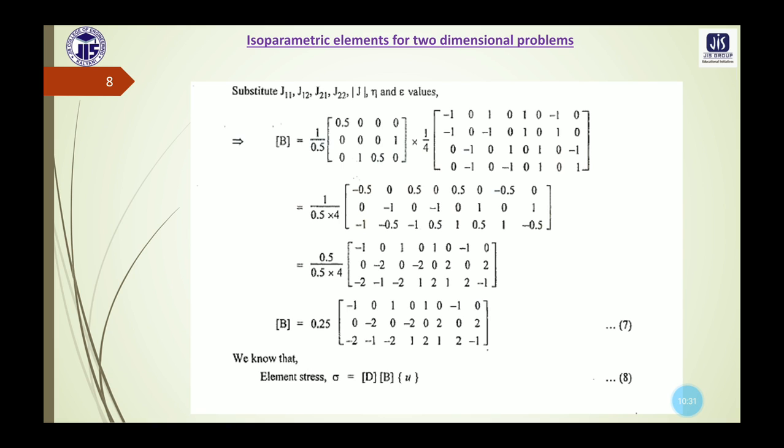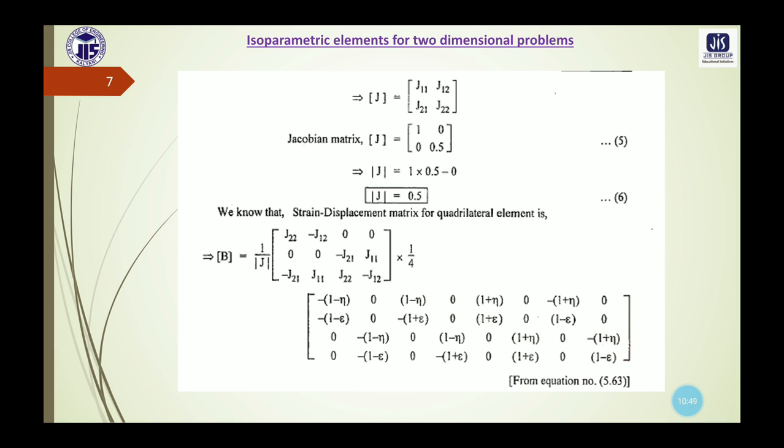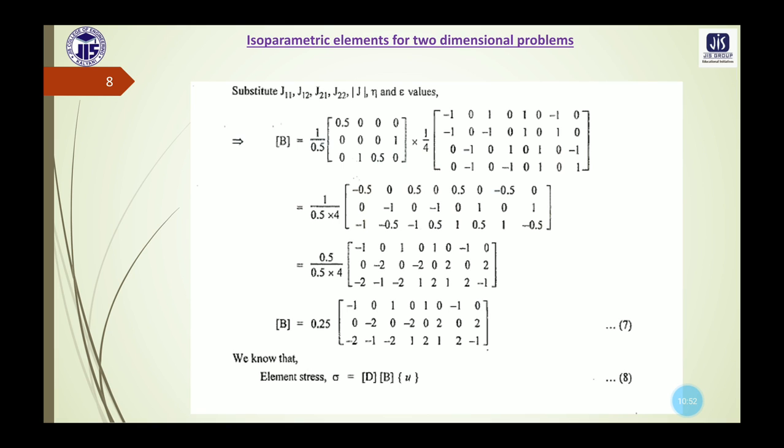Now if we put the values of J11, J12, J21, J22, then the determinant of J, eta and epsilon values in the strain displacement matrix, then ultimately after several steps and after a matrix multiplication, we are getting the value of the strain displacement matrix B. This is 0.25 multiplied by a 3 by 8 matrix, which is given here as equation number 7.